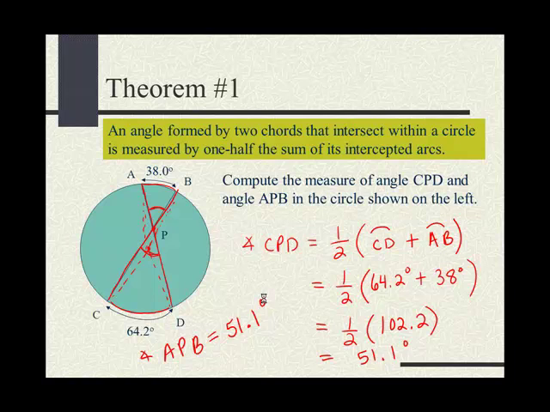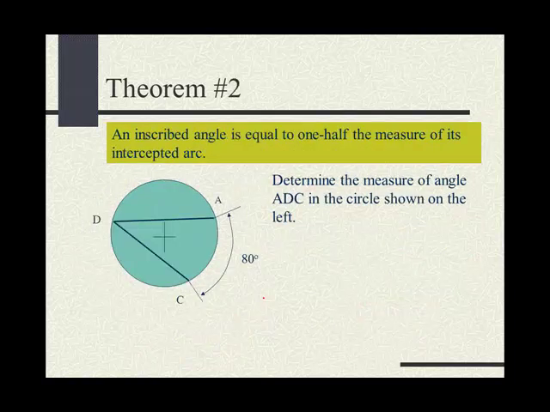Let's look at our second theorem now. It says an inscribed angle is equal to 1/2 the measure of its intercepted arc. And let's look at the diagram of the circle on the left-hand side. You'll see that we have an angle ADC, and this angle has its vertex actually on the circle. That makes it an inscribed angle. You'll see that it intercepts this arc from A to C, which is given as an 80-degree arc.